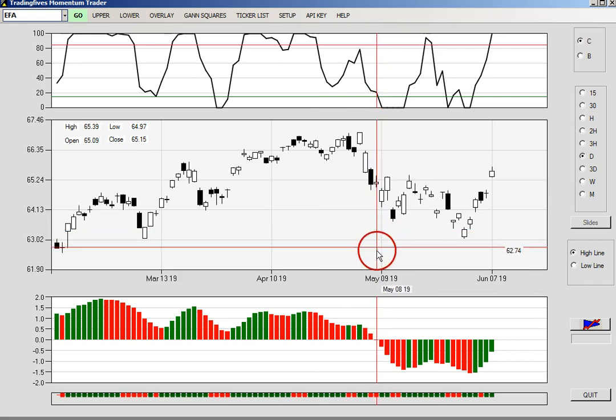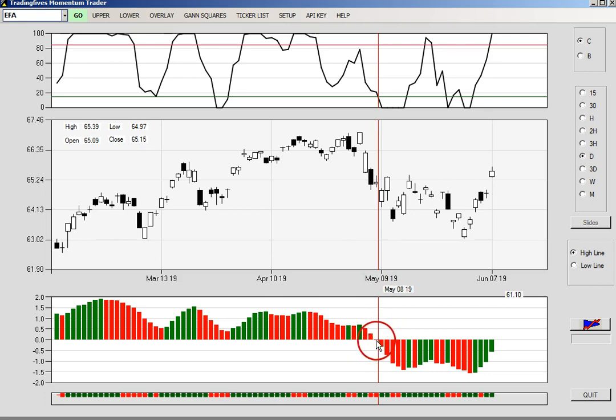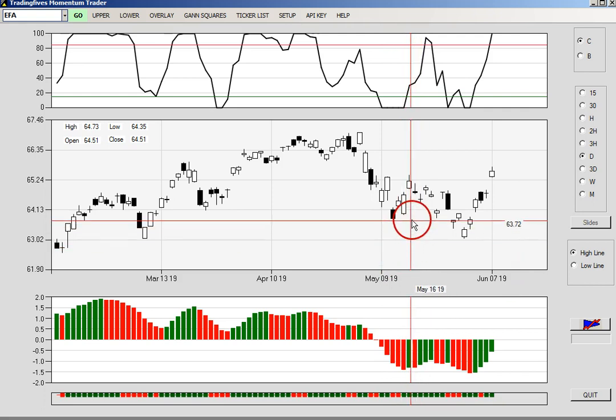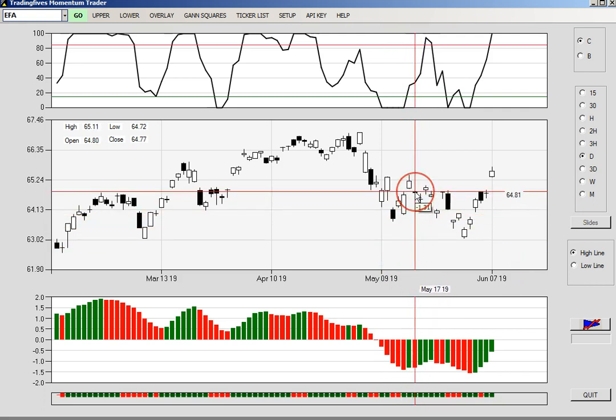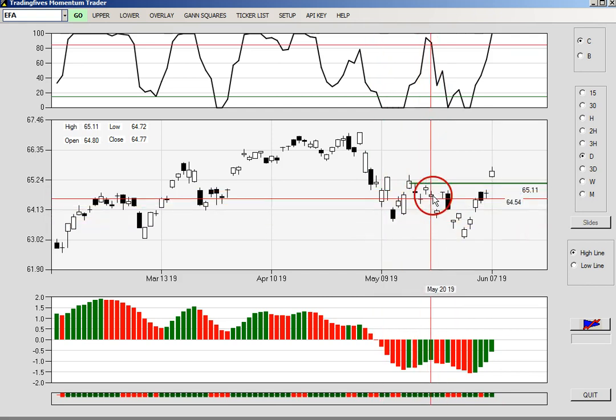So we'll do the same thing now below the zero line. We have a series of red bars, which are now in trend, followed by a green bar, followed by another red bar. So now this red bar is going to create a sell short condition.